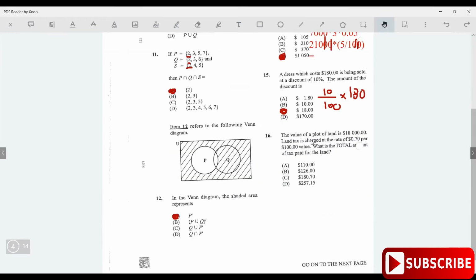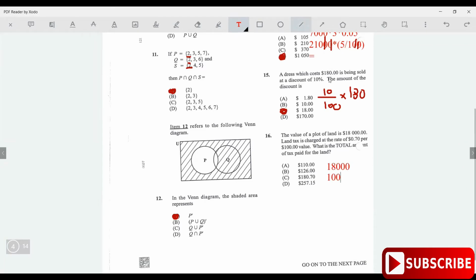Question 16. The value of a plot of land is 18,000. The land is charged at a rate of 0.7 per $100. What is the total amount of tax paid on the land? So 0.7 is charged per $100. So what you need to work out is 18,000 divided by 100.